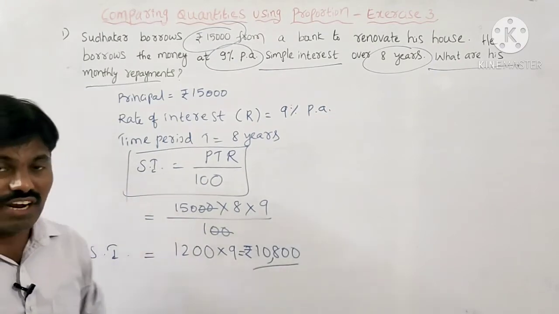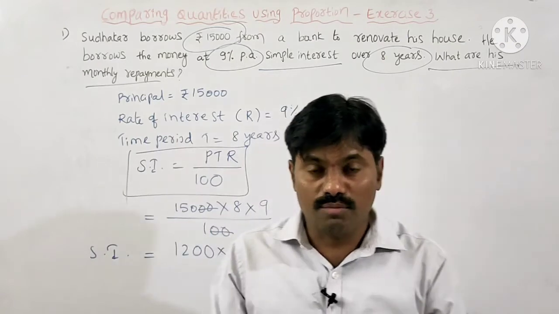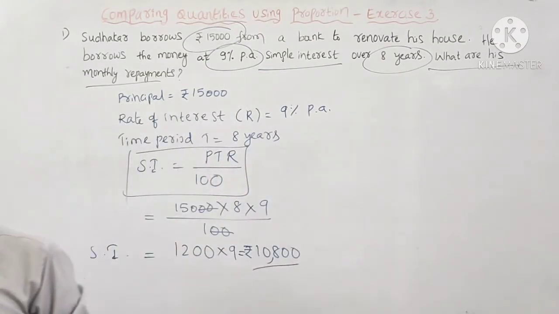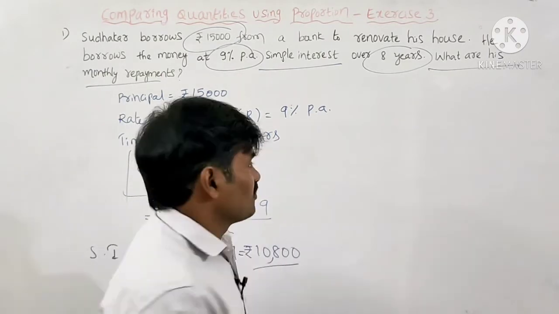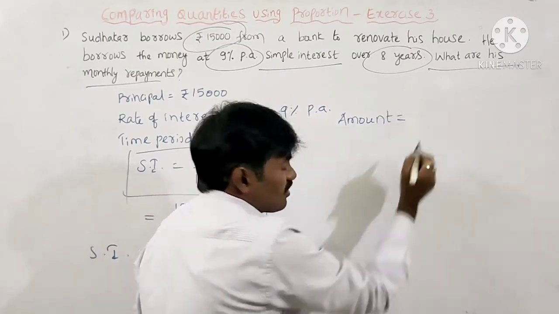Now we have to find monthly repayments. We have to divide the total amount into each month. So now we have to find the amount. What is the amount formula?